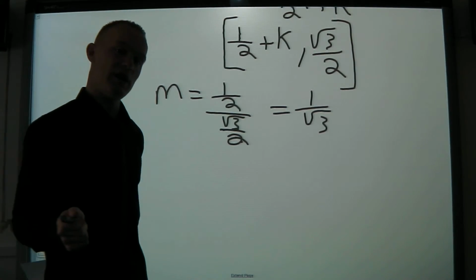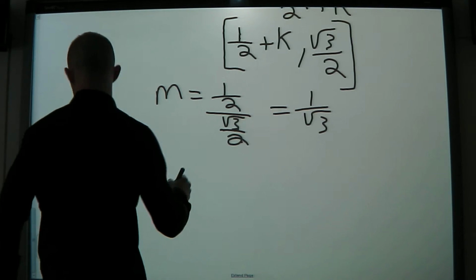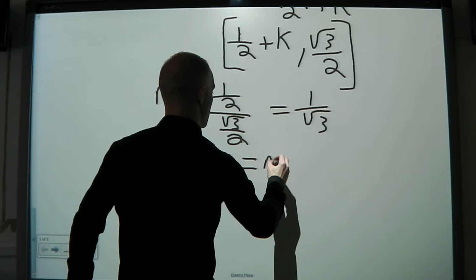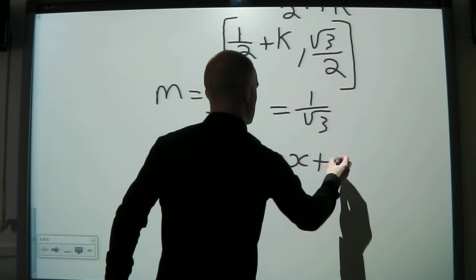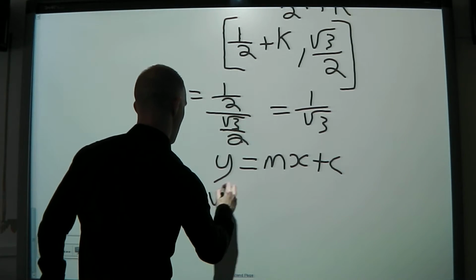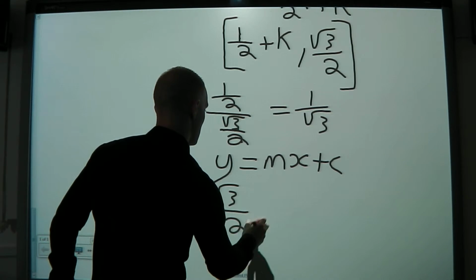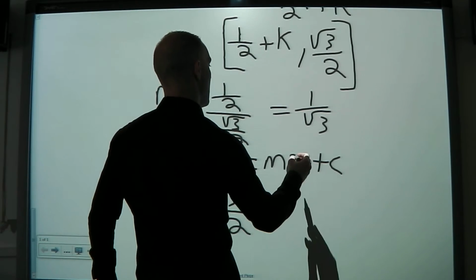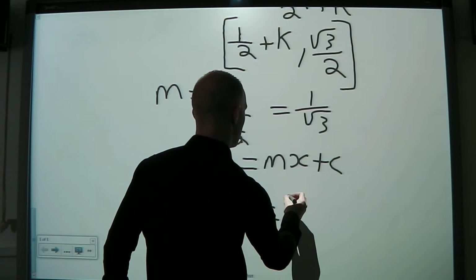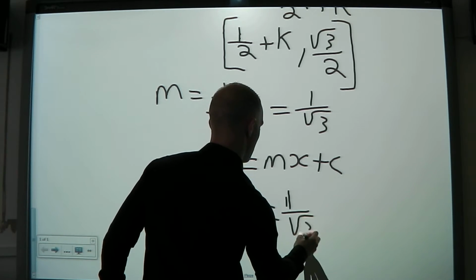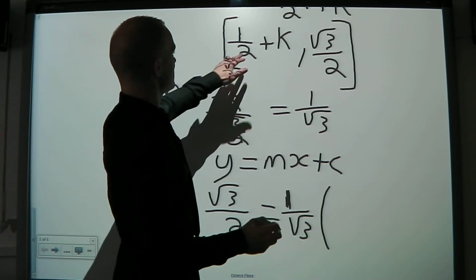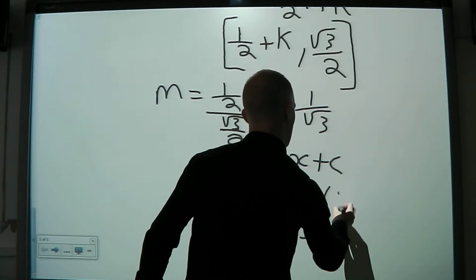Now, we have the slope of the line and we have a point on the line. So we know the equation of a line is y is equal to mx plus c. So in this scenario, we know our y term is root 3 over 2. It's equal to mx. m is our slope, 1 over root 3, times x. Now what is our x term? Our x term is a half plus k.